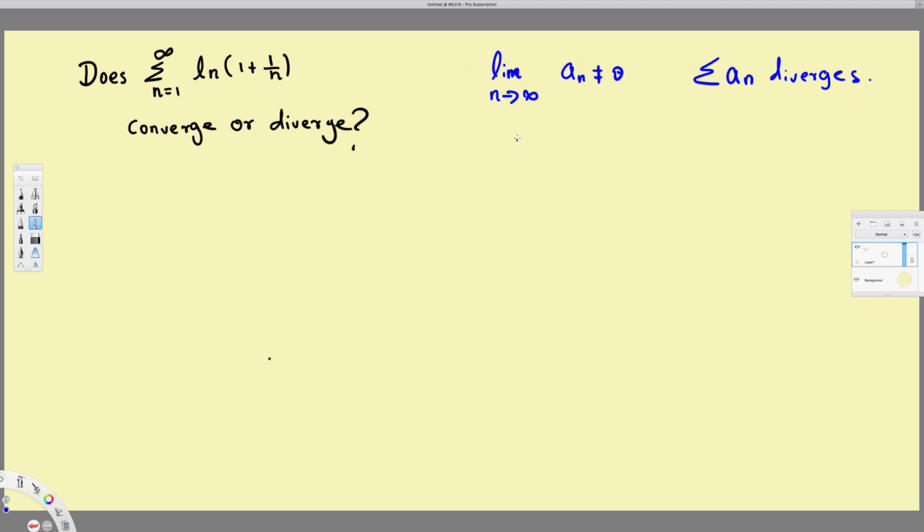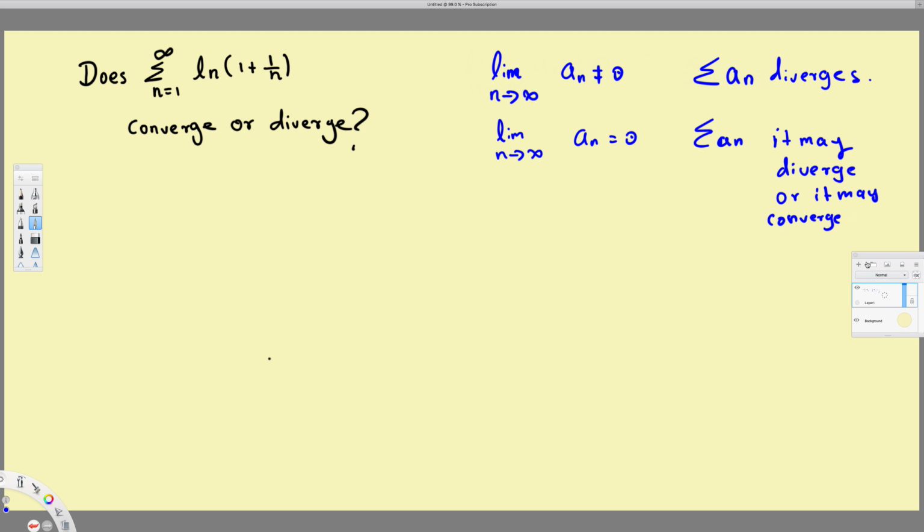And if the limit as n approaches infinity of a_n is equal to 0, this is a complicated situation. We can't determine it. It may diverge or it may converge.